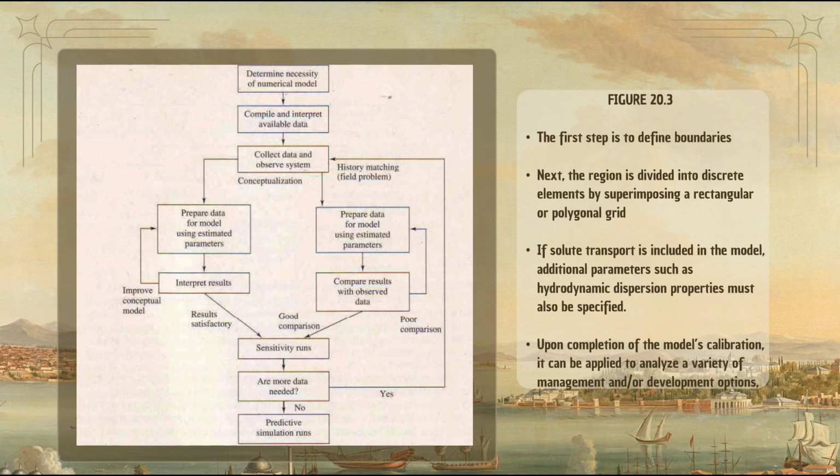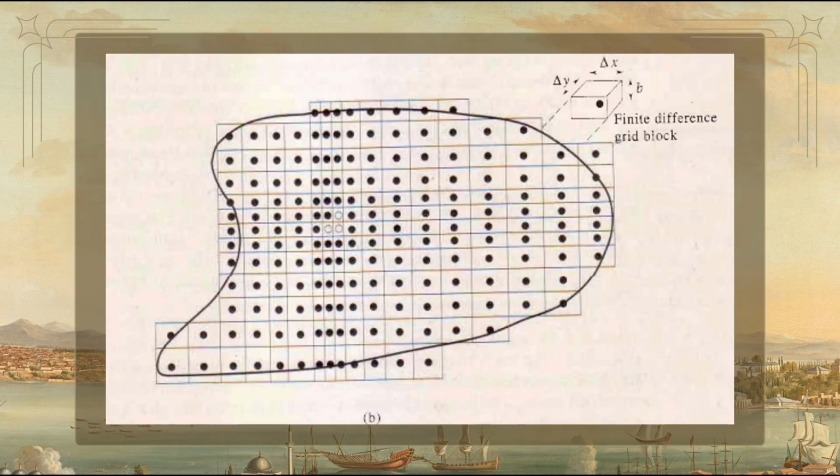In Figure 20.3 are the number of steps that must be followed in modeling a target groundwater region, and it is illustrative. So the first step is to define boundaries. Next, the region is divided into discrete elements by superimposing a rectangular or polygonal grid like this.